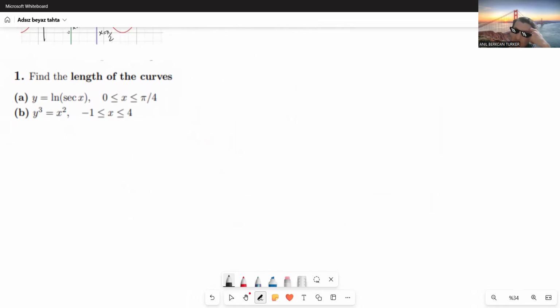Let me give you some pictures. This is a surface area. Not good. Arc length of, this is a good picture.